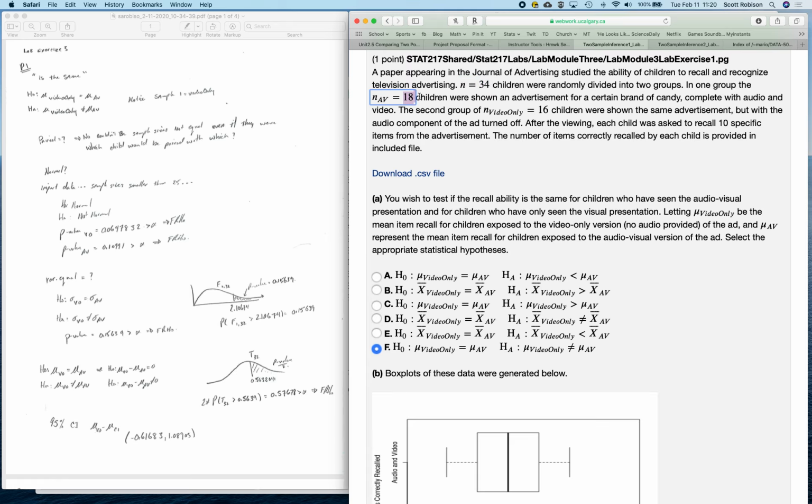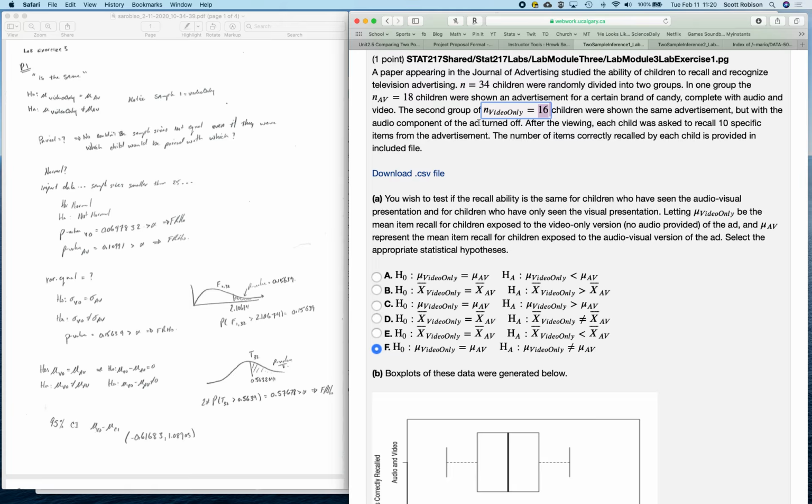One group, which was 18 of those 34, were shown an ad with candy, complete with audio and video. And the other group, which had 16 children, were only shown an advertisement with just video. So the question is, does the audio help a child remember some of the advertising?